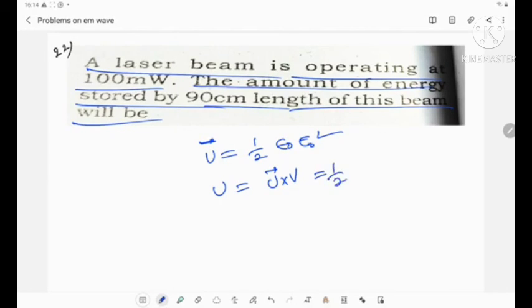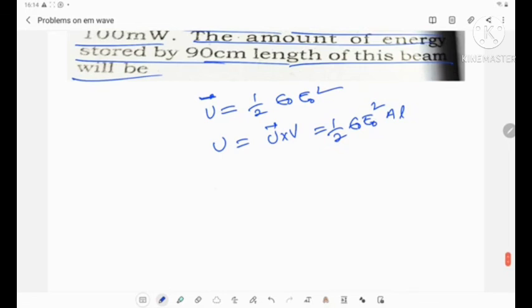This becomes 1 by 2 epsilon naught E naught square. Volume means area into length. Therefore, U is equal to 1 by 2 epsilon naught E naught square into A into L.